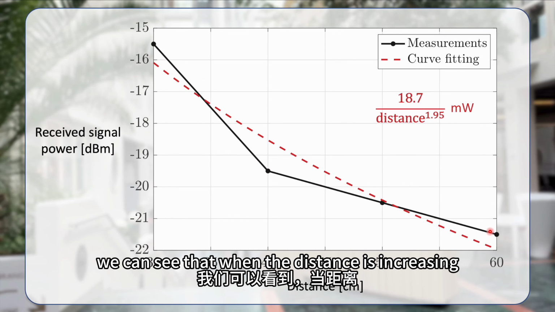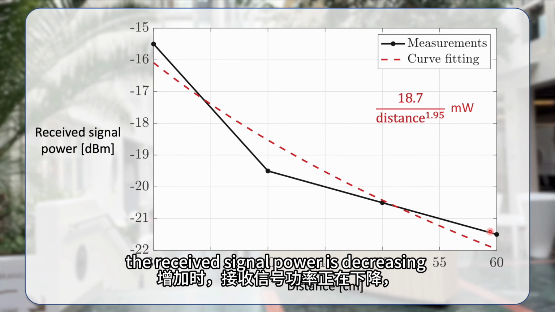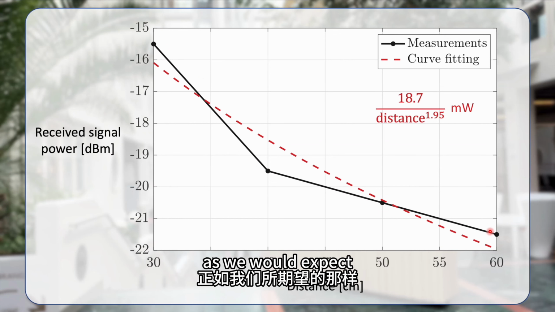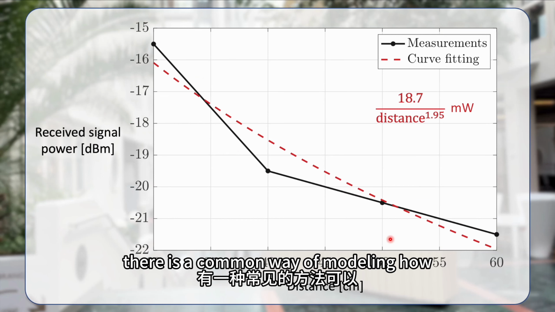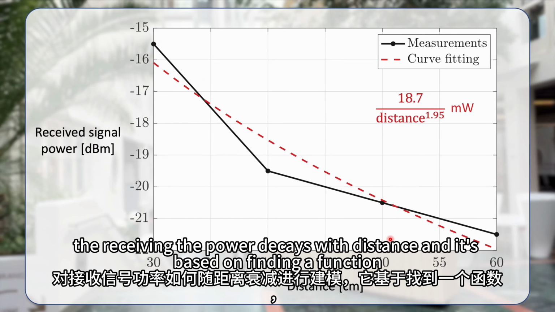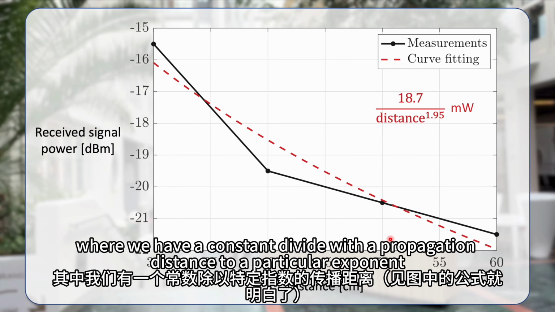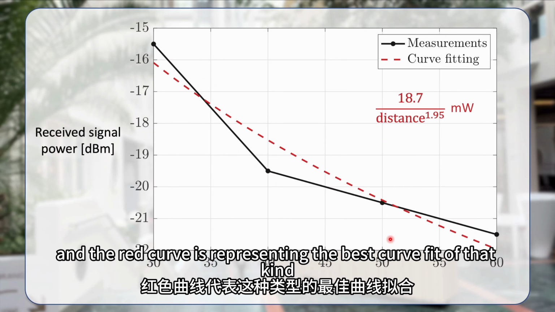We can see that when the distance is increasing, the received signal power is decreasing as we would expect. There is a common way of modeling how the received signal power decays with distance, and it's based on finding a function where we have a constant divided by the propagation distance to a particular exponent. And the red curve is representing the best curve fit of that kind.